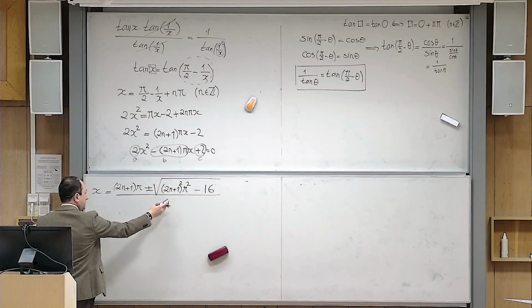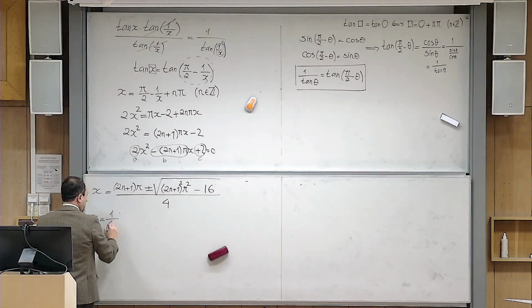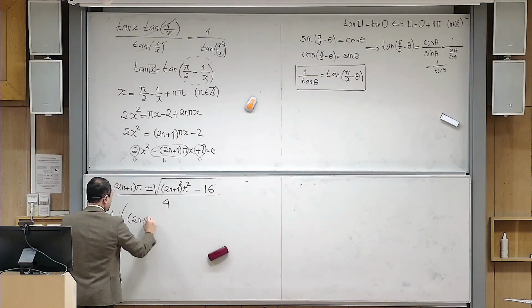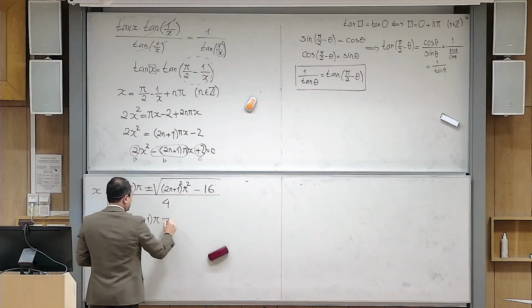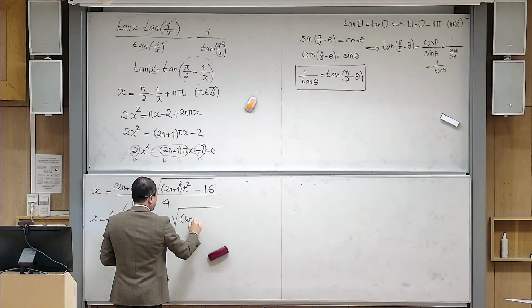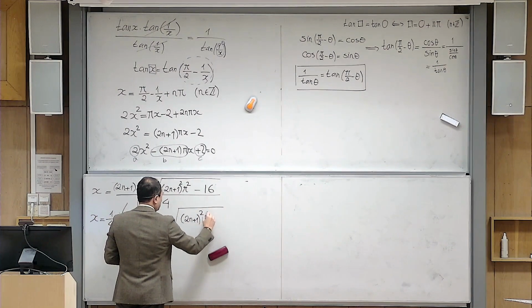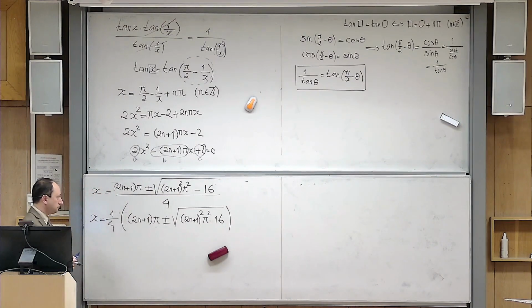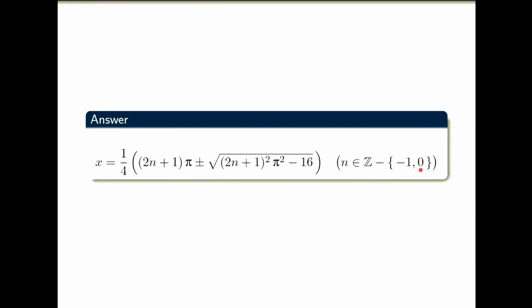Instead of putting 4 in the denominator, I put a factor of quarter here, and then I will have this. Okay. So that's the exact expression that you see in the notes.